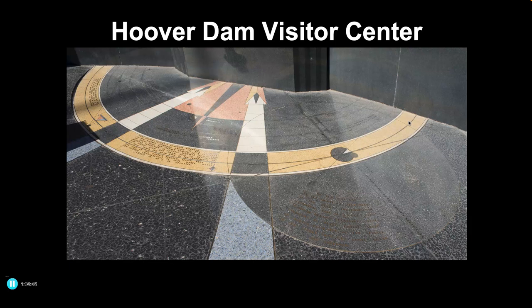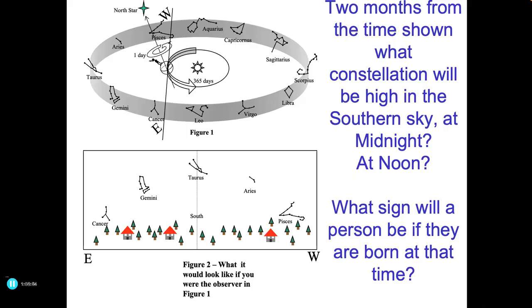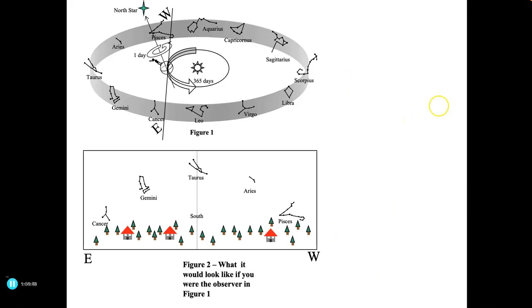All right? So, what are we taking from this? Well, let's go back here. So, the Earth is doing three kinds of motion. It rotates once a day, it revolves around the sun once a year, and it wobbles on its axis.